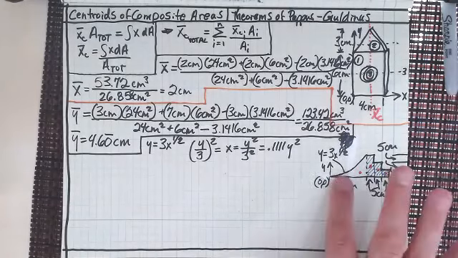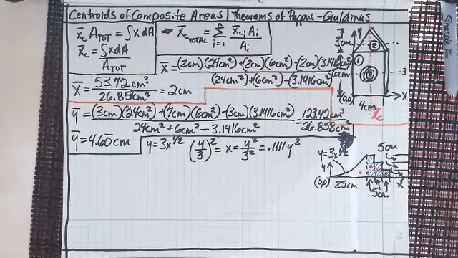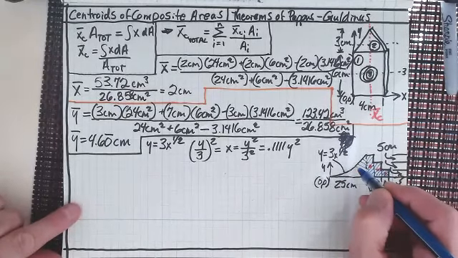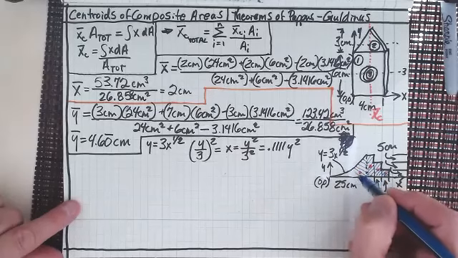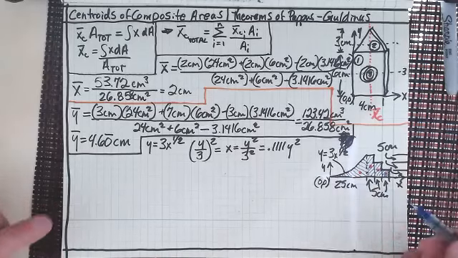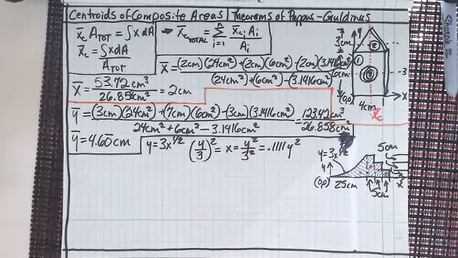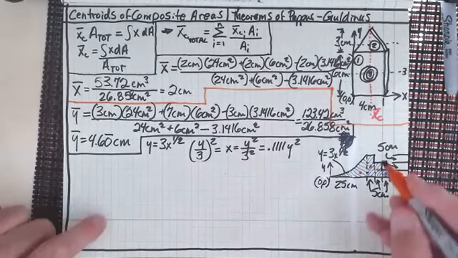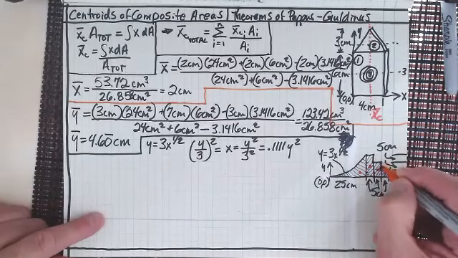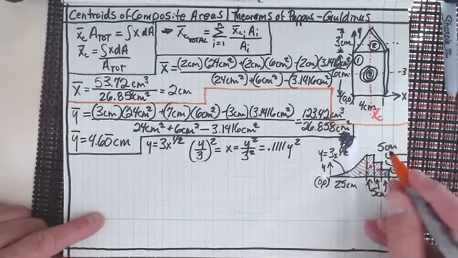So what we want to do is look at all of these composite areas now, and find out both their x and y centroids. I'm just going to shade this one in so we can see they're all areas and not line segments. We're going to break it up into individual parts. I'm going to take my orange here. So that'll be a break, a break, a break, and a break.